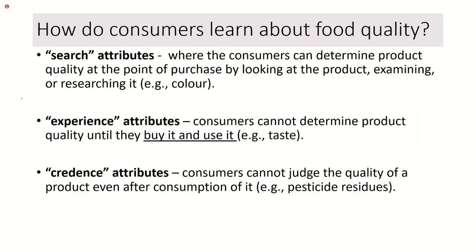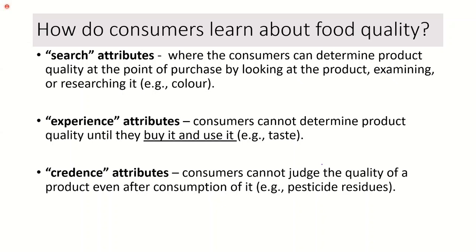Right, so food industry or agri-food industry is an industry where we see a lot of misinformation or asymmetric or unbalanced information. Right. So if you are to learn about the quality of a product, we say we learn the quality using 3 types of attributes. One is called search attributes, where the consumers can determine the product quality by looking at the product, right?